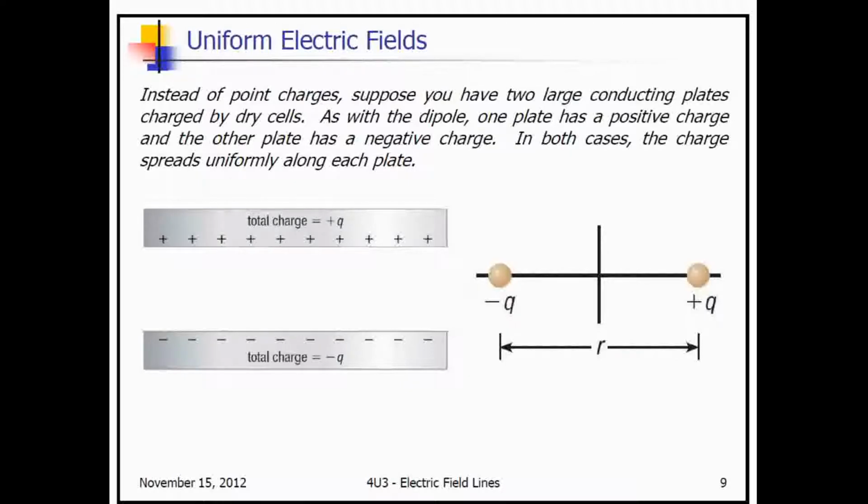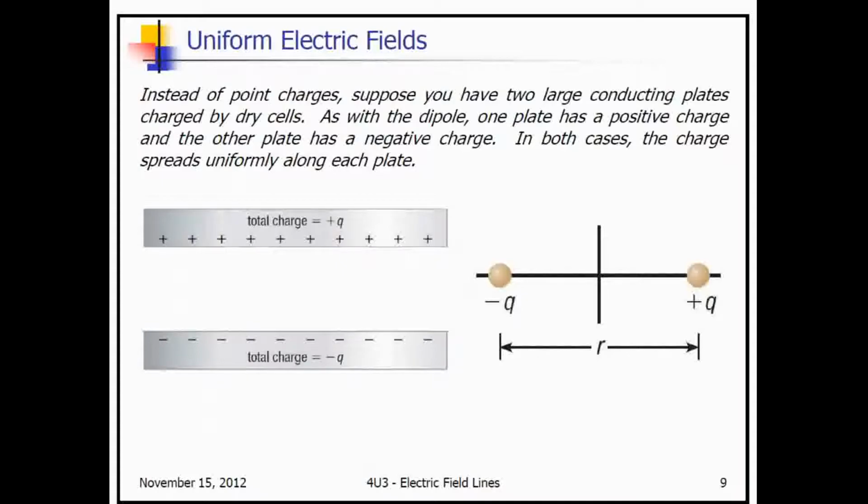What happens here is we could end up creating a uniform electric field between those. It's going to be shown on the next slide, but I'll explain it here first. One of the issues with our dipole is that at any point the magnitude of the electric field is different. It's not uniform. It changes as we move through the electric field generated by the dipole.